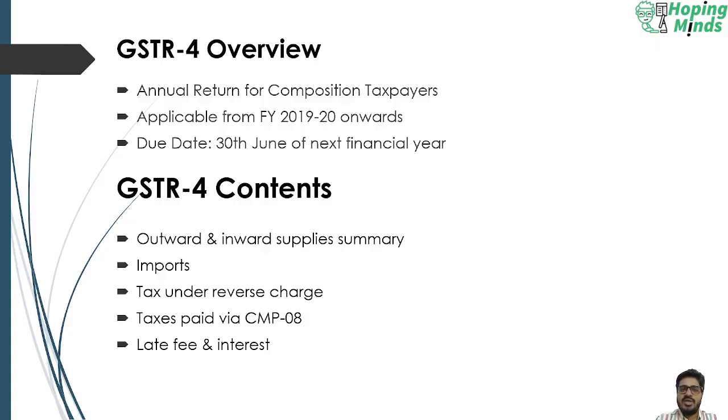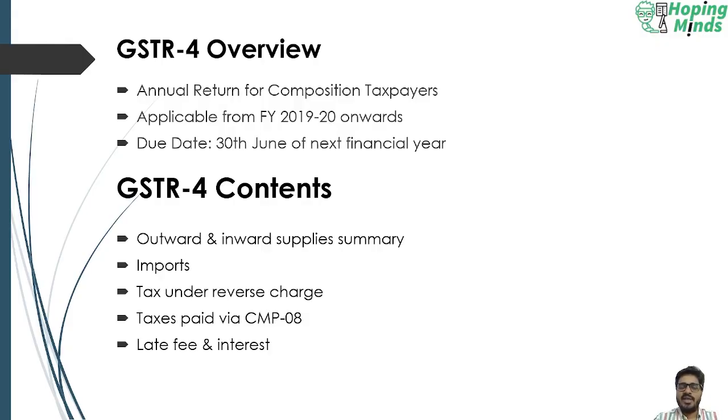So GSTR-4 includes outward and inward supply summary, then import summary, tax under reverse charge, taxes paid via the CMP-08 return cum challan, and late fee and interest amount. So the outward and inward supply summary consists of outward supplies, that is the sales made during the 4 quarters of the financial year, that is the sum total of all the sales made during the 4 quarters of the year.